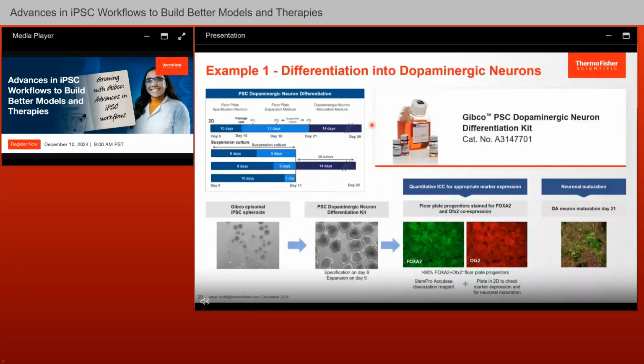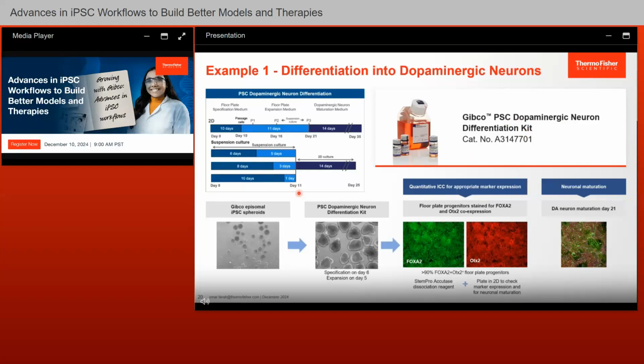The first example here is where our StemScale PSC spheroids, that you can see on the bottom over here, are differentiated into floor plate progenitor spheroids and then eventually into midbrain organoids using our PSC dopaminergic neuron differentiation kit.